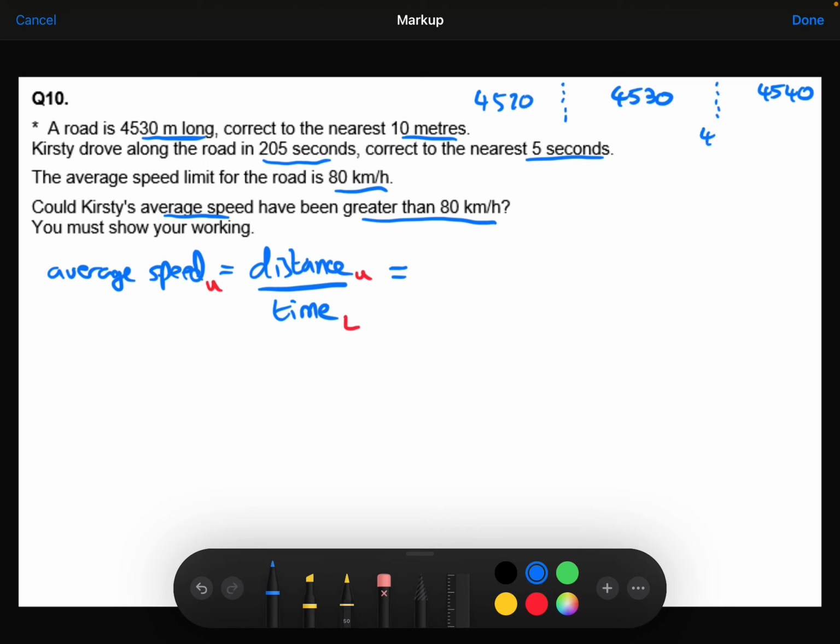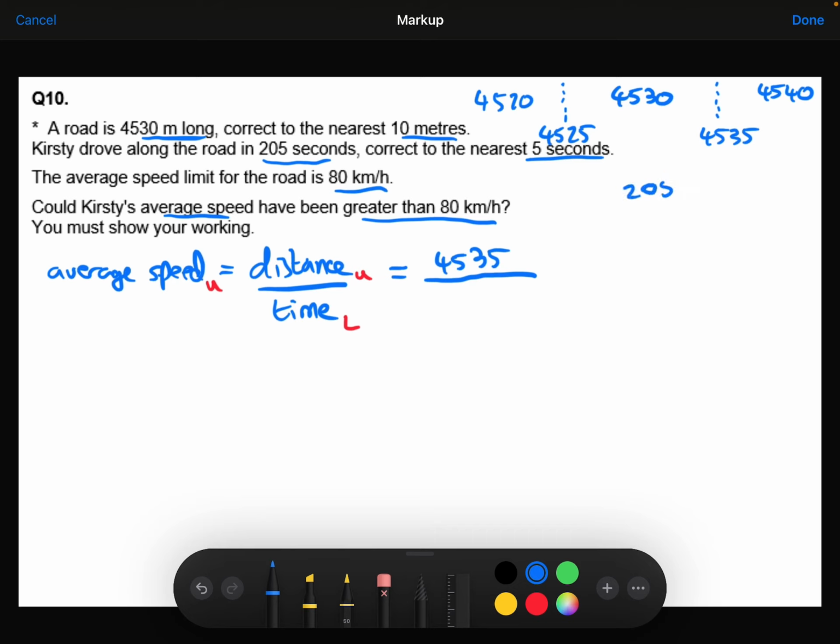So my upper bound is 4,535. The level below that is 4,525. The upper bound of the distance is 4,535. Now we need the lower bound for the time.